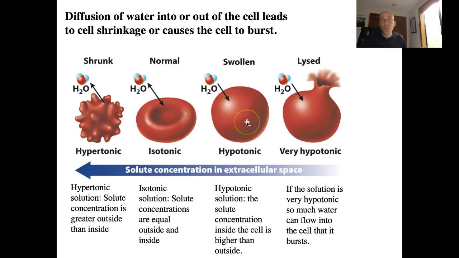That is also sort of futile because if the outside is completely devoid of any kind of salt, water will continue to go in there, and it can go in so much that it can actually rupture that cell. That means it's lysed, it's broken open. That can happen in very hypotonic solutions where the membrane is not strong enough to withstand the pressure of the water coming in.